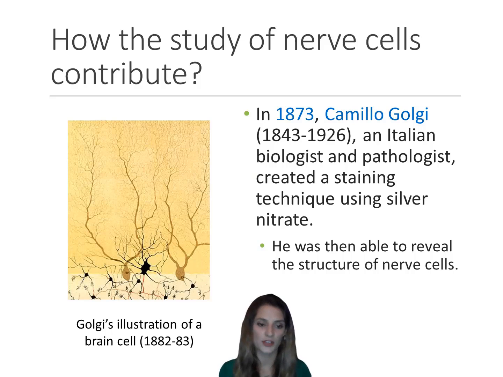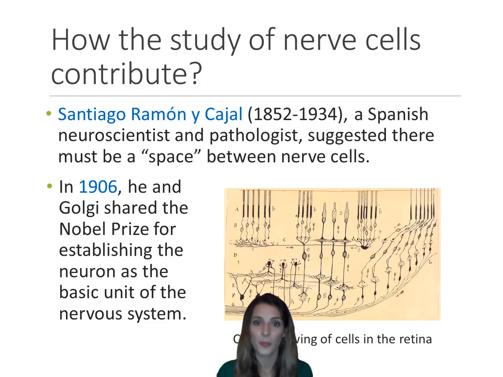In the image on the screen, you can see Golgi's actual illustration of the brain cells that he was able to see under the microscope. At about the same time, a Spanish pathologist and neuroscientist, Santiago Ramon y Cajal, suggested that there must be a space between these nerve cells.